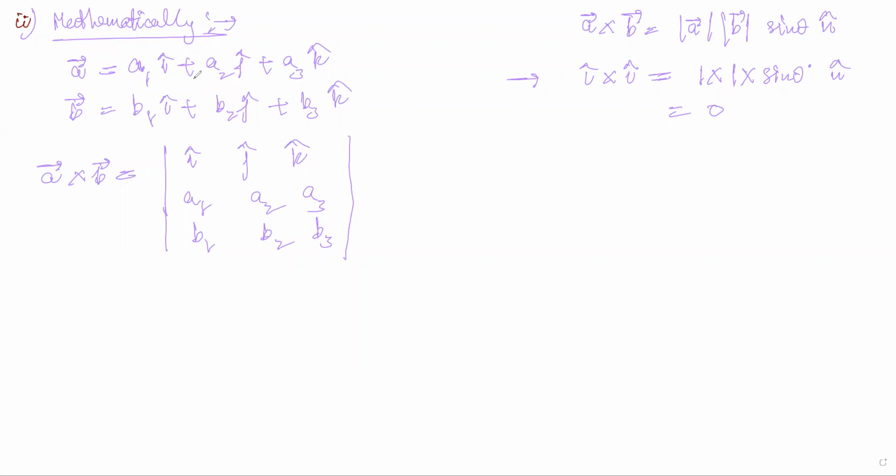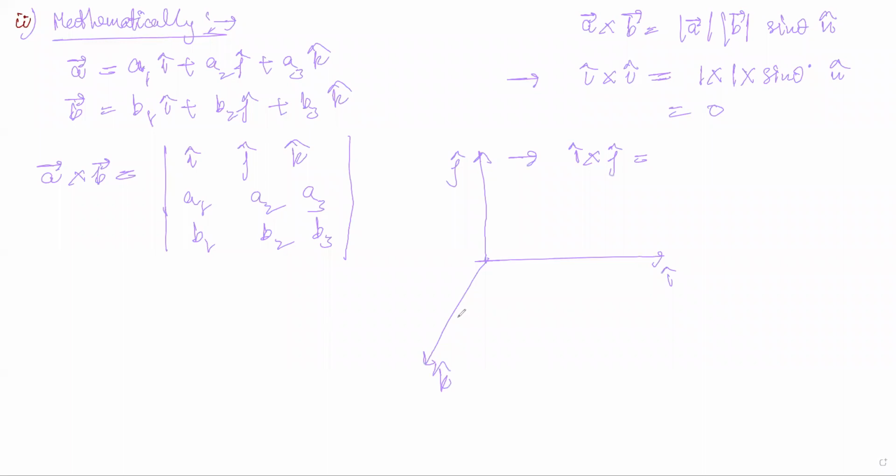Now let's see what is i cross j. i is this direction, x-axis. Now y is this direction, y-axis. This is j, this is i, and the perpendicular would be this k direction.